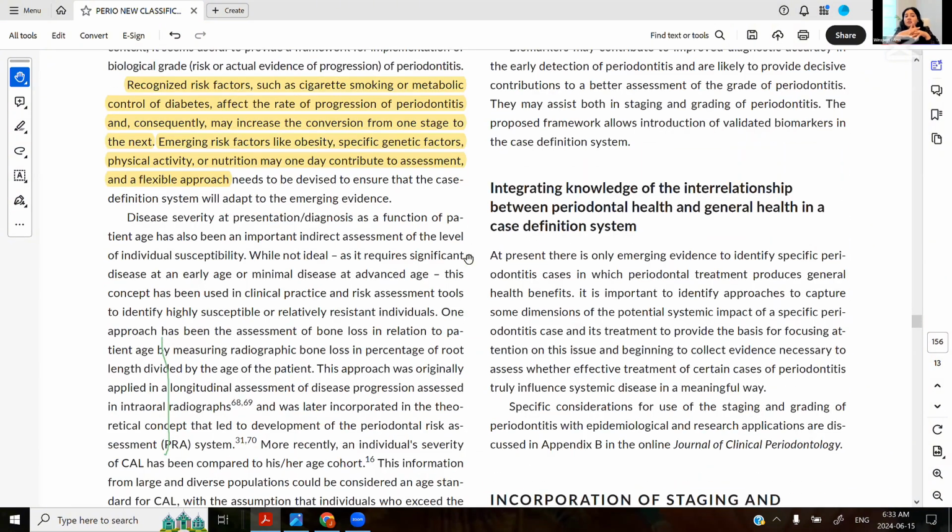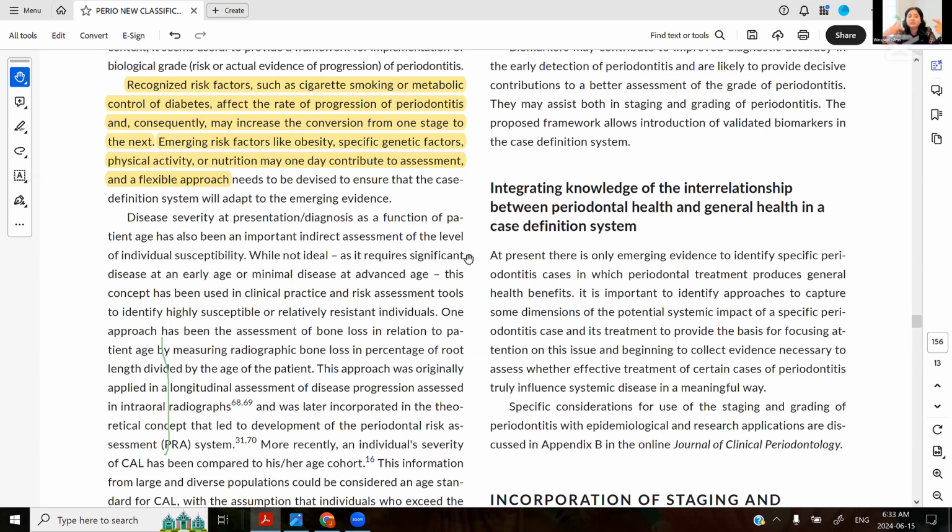The recognized risk factors such as cigarette smoking or metabolic control of diabetes affect the rate of progression of periodontitis. Consequently, it may increase the conversion from one stage to the next, right? Is that true? So smoking and diabetes are the predominant effects.